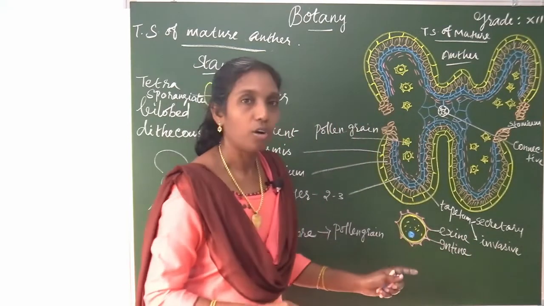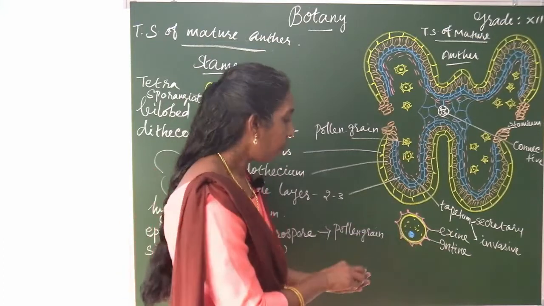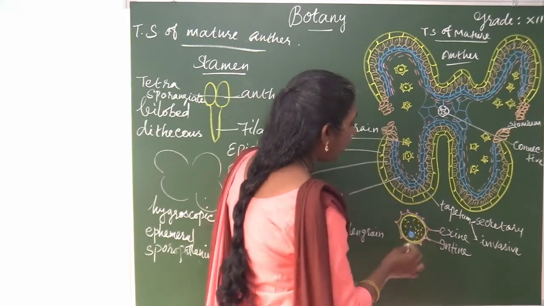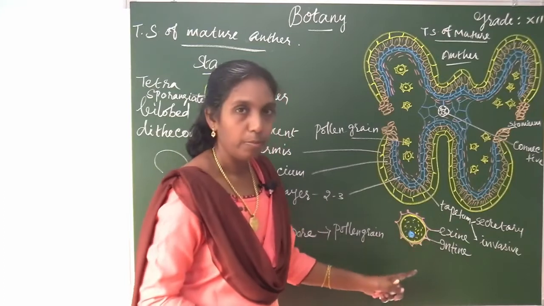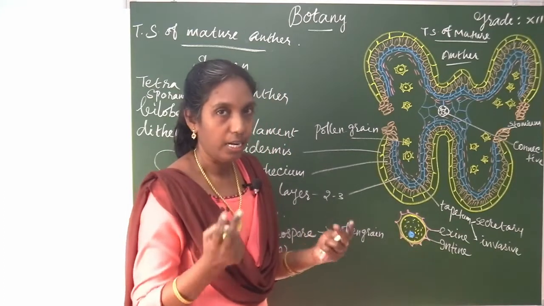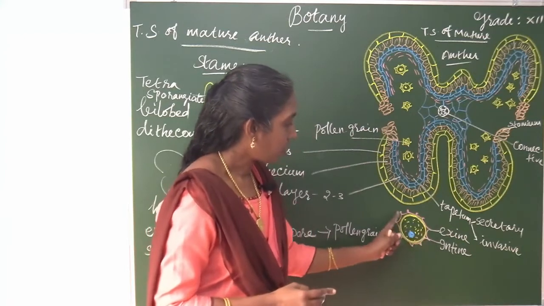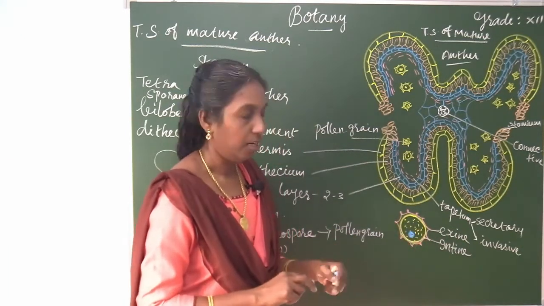This is the structure of the pollen grain, which consists of dense cytoplasm and nucleus surrounded by two wall layers. The outermost wall layer is called the exine and the innermost layer is called the intine.